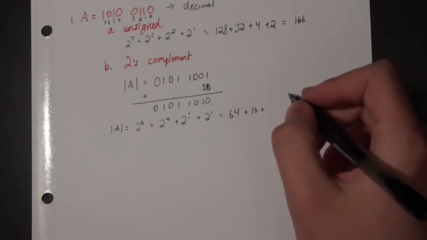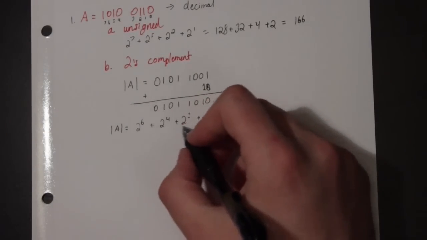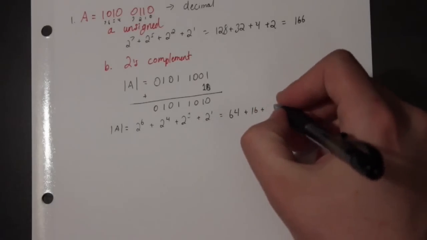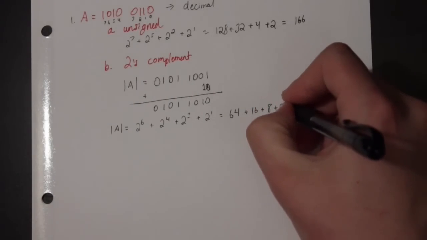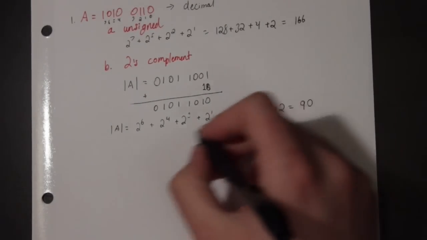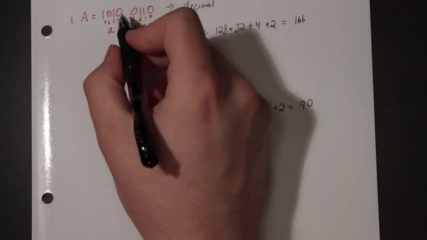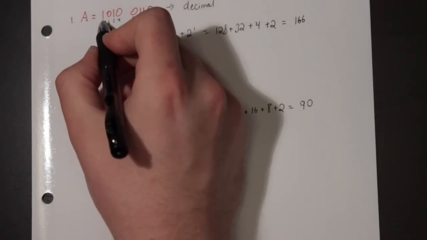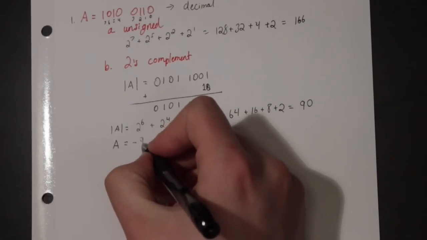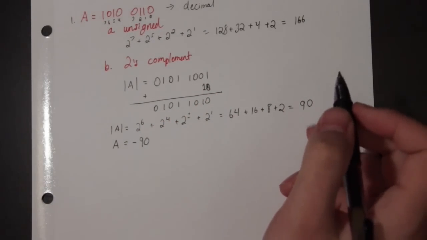We're still looking at that. 64 plus 16 plus 2 to the 3rd, which is 8, plus 2. So we end up getting 90 from that. But then we have to remember that since our sign bit, the first bit up here, is 1, we know that our answer is negative. So our actual value of a is negative 90.